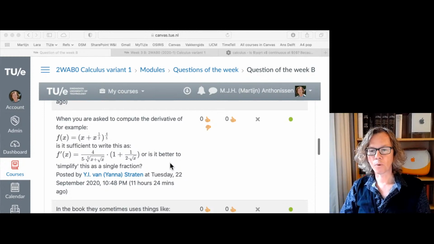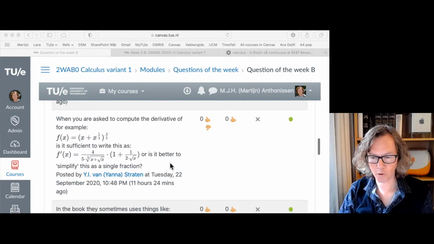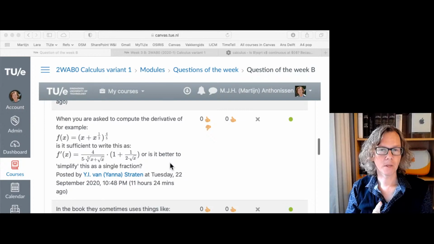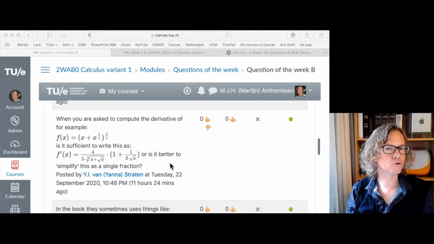This one is also interesting. When you're asked to compute the derivative of, for example, a horrible function, is it sufficient to write this as the horrible function again? Or is it better to simplify this as a single fraction? Depends. If you just want to know what the value of this thing is for x equals 1, then you don't rewrite it. You just plug in x equals 1, because that's easiest.